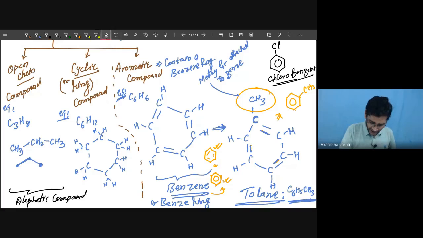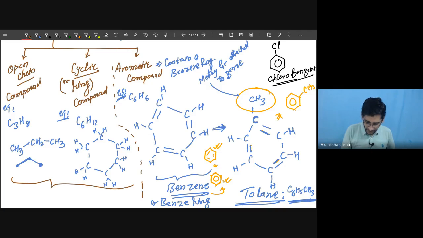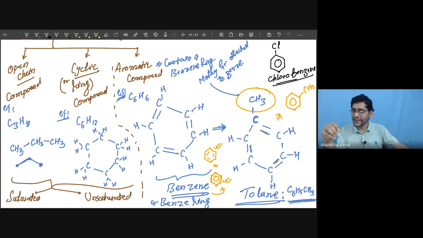Based on that feature, these aliphatic compounds, open chain and cyclic, are classified into two categories. One category is called saturated, which contains only carbon-carbon single bonds. The other category is called unsaturated. Students, keep in mind that an aromatic compound, which contains the benzene ring, also contains double bonds.